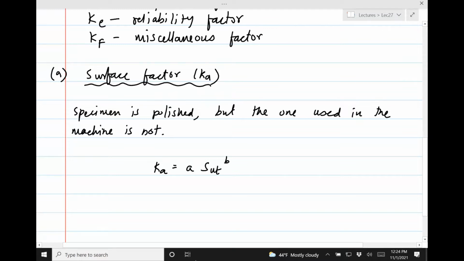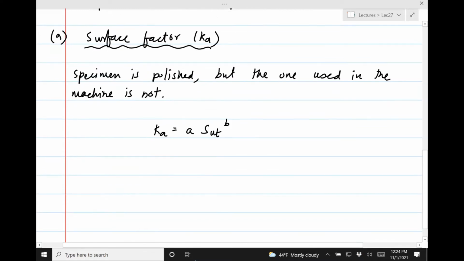Okay, these B's and A's are different from the A's and B's which we use for the ideal SN diagram. So SUT, and I'll give you a table.